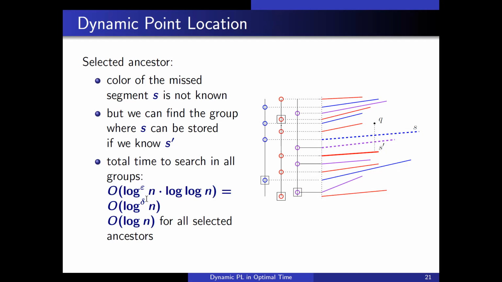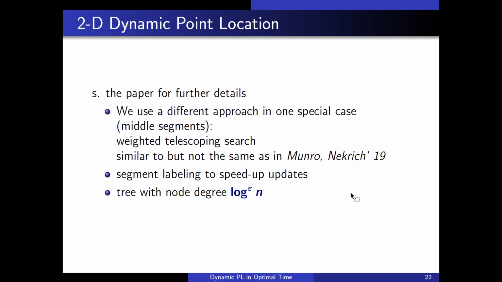Therefore, there will be log to the epsilon n colors, and the total time is log to the epsilon n times log n, which is big O of log to the delta. And if I sum it over all selected nodes, the time is just big O of log n.